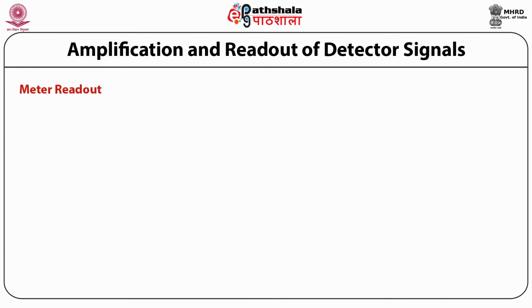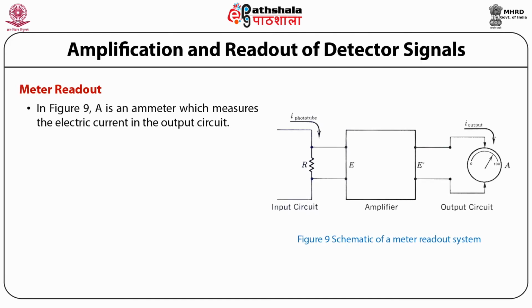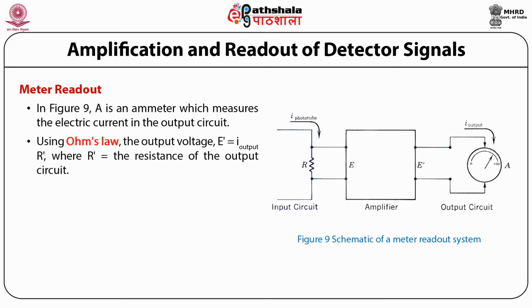Meter readout. Meter readout as shown in figure 9 is having an ammeter represented as A, which measures the electric current in the output circuit. Using Ohm's law, the output voltage E' is equal to IR', where R' is equal to the resistance of the output circuit.